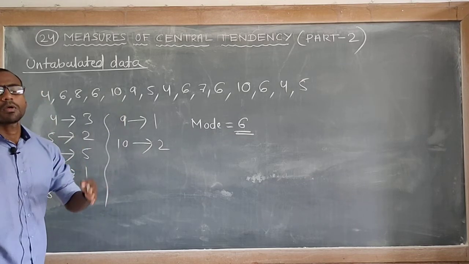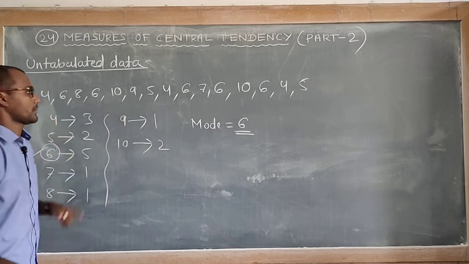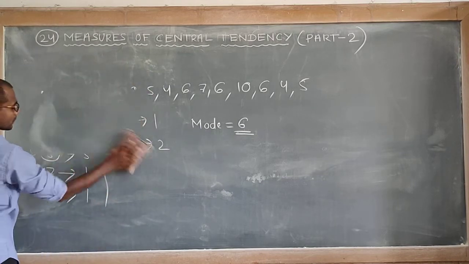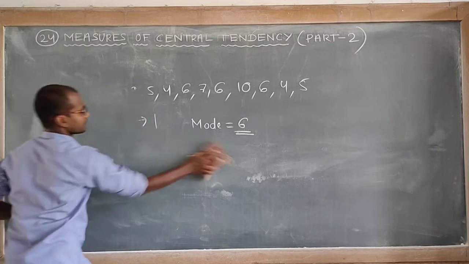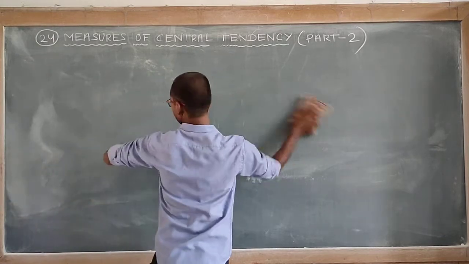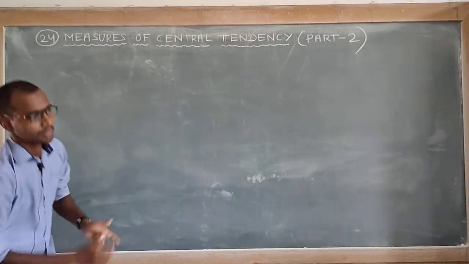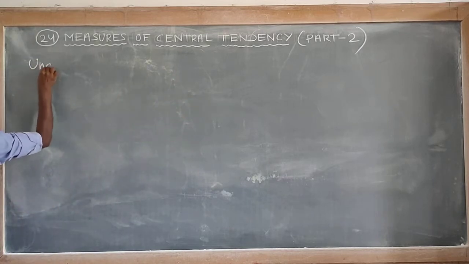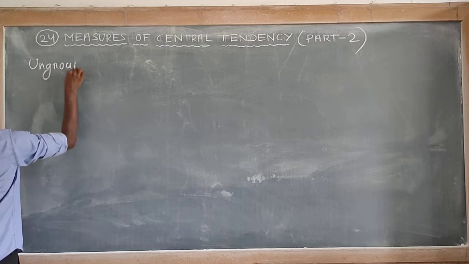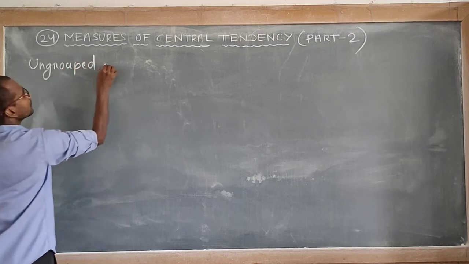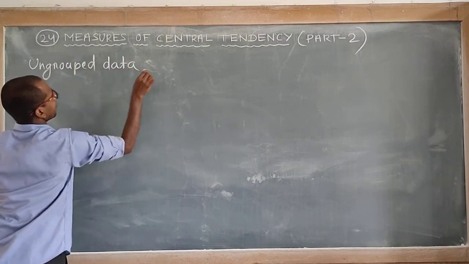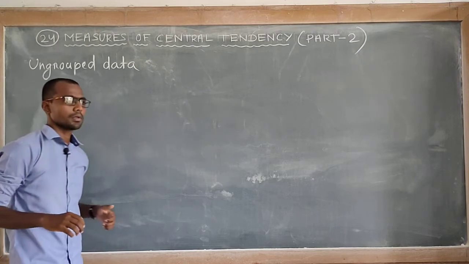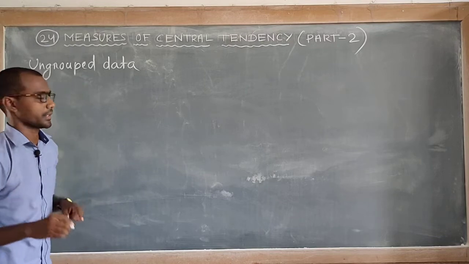Now let us move to tabulated data, ungrouped. This will also be very easy. Suppose we will take weight of children.